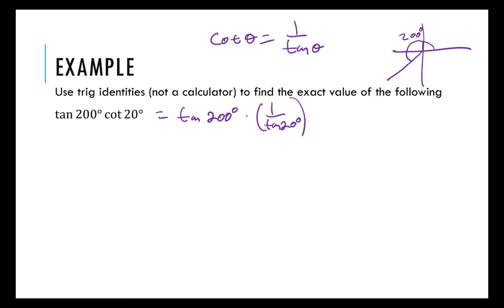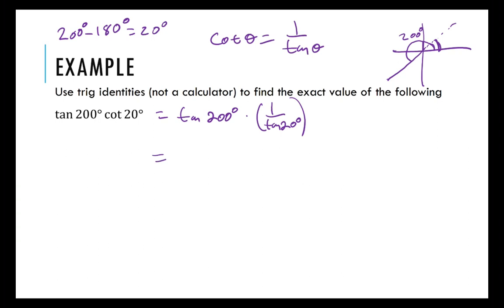I remember when we talked about period, that the period of tangent is actually pi, or 180 degrees, which means that I think I could rewrite tangent of 200 degrees. Well, specifically subtract 180 degrees from 200. 200 degrees minus 180 degrees. Well, that's going to be 20 degrees.